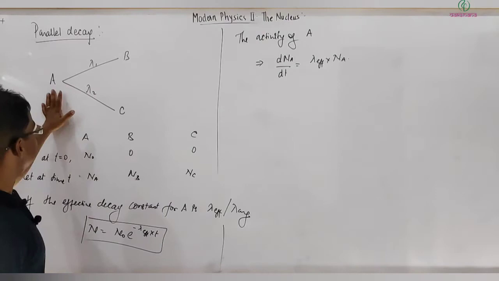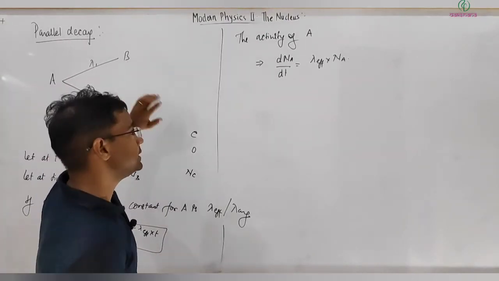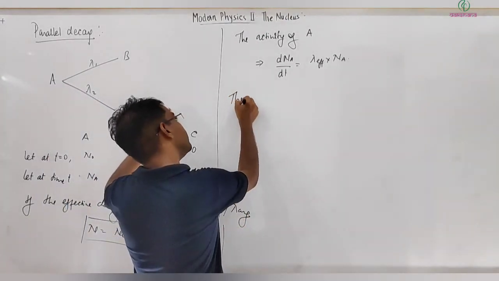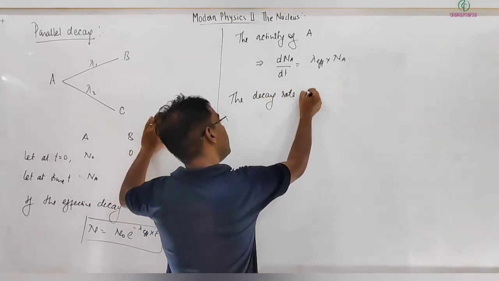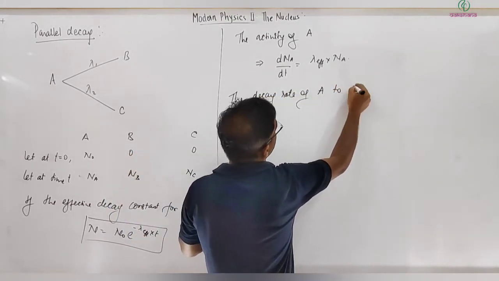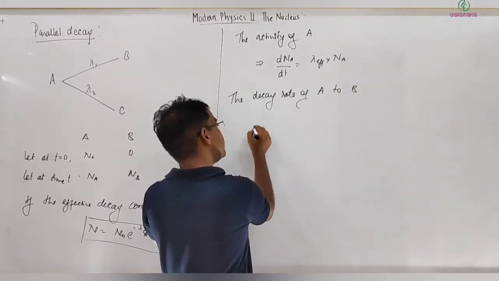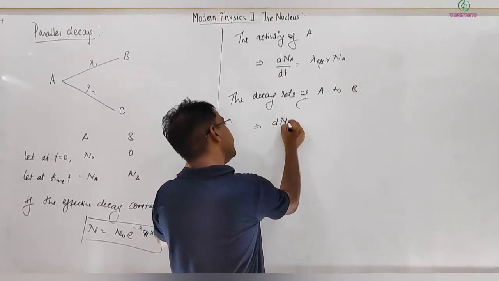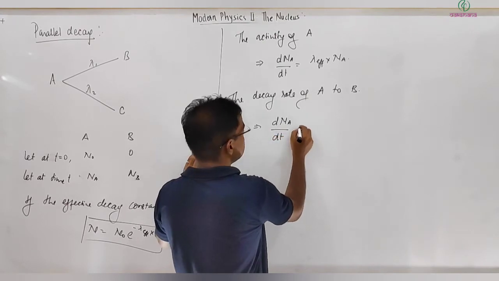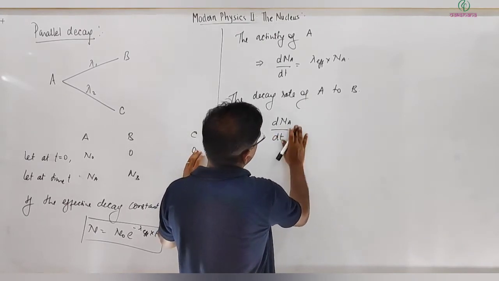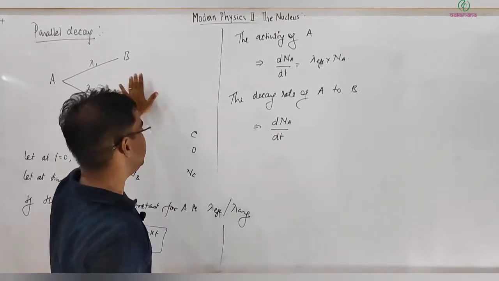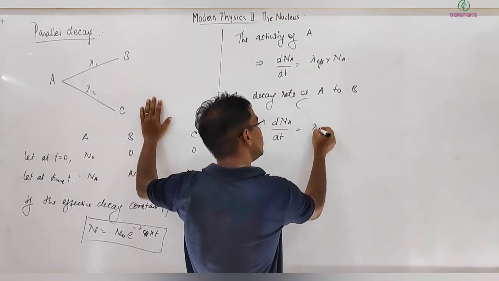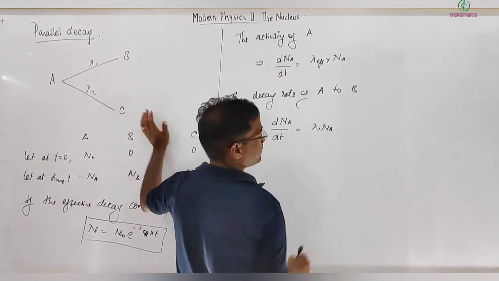And for A decaying to B, the decay rate of A to B can be written as proportional to Na, but if I write for B, then I can write this is equal to lambda 1 into Na.